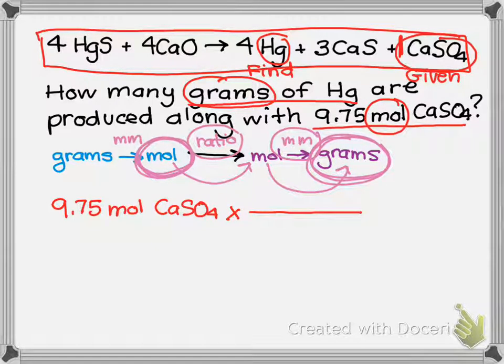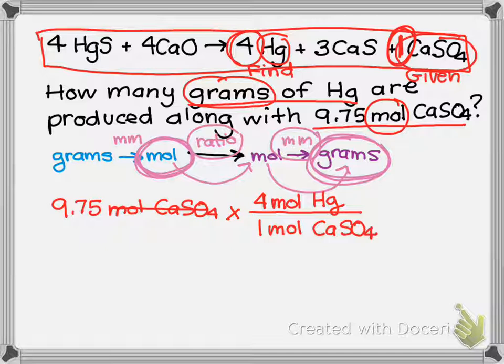So there's a 1 in front of the calcium sulfate. So I would put the 1 mole of the calcium sulfate, you always put what's given on the bottom. If we were in class, I'd ask you why, and hopefully you'd say that's because you want them to cancel. And then what you're looking for, what you're trying to find, is mercury, and that has a 4 in front of it.